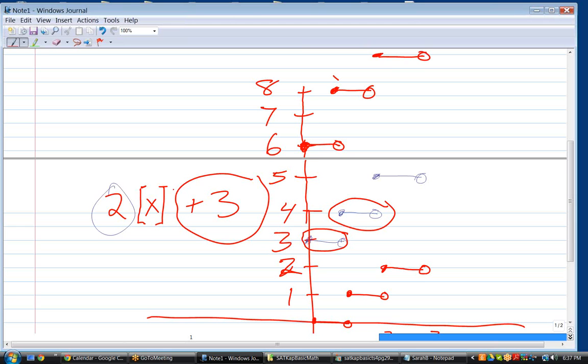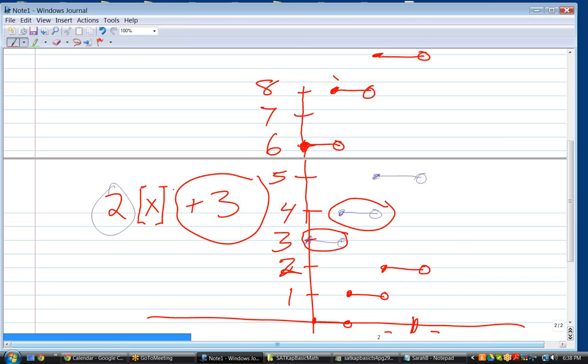If x were 5.5, and now let's use a number between 0 and 3, if x were 2.5, we should be at 7. Oh gosh, hold on a moment. What am I doing wrong here?